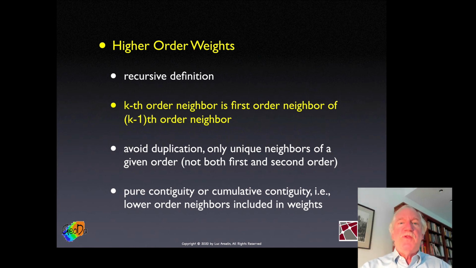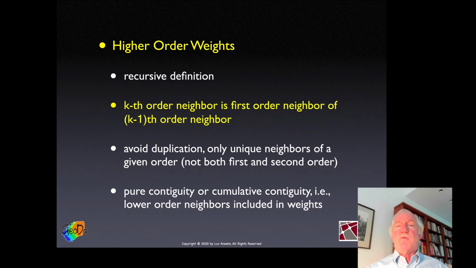Now there's a problem with this, in that lower order neighbors are also oftentimes higher order neighbors. I'll illustrate this in a second. So we don't want duplication. So in time series, think of time series. When you say an observation is 1 year ago, you know exactly when that was, versus when it's 2 years ago, you know exactly what that was.